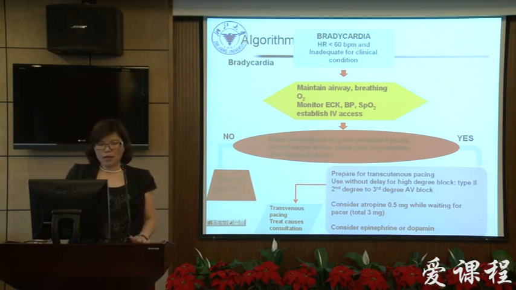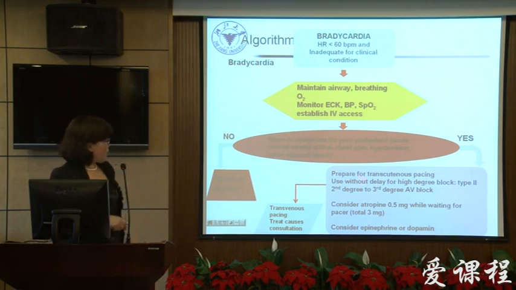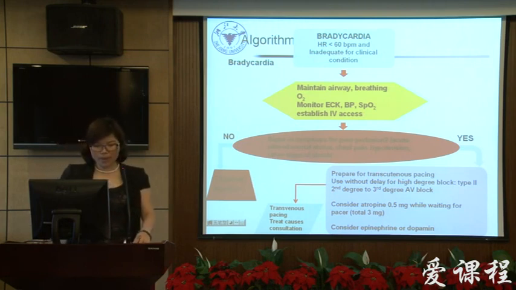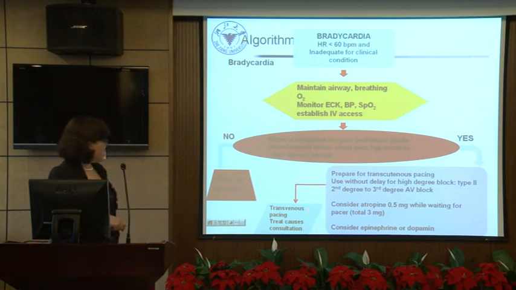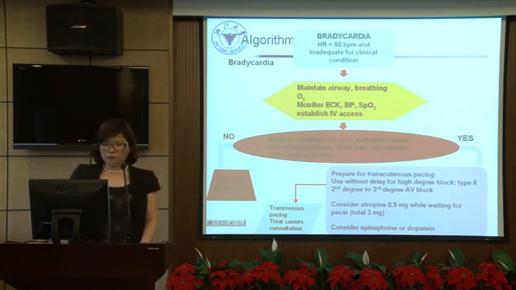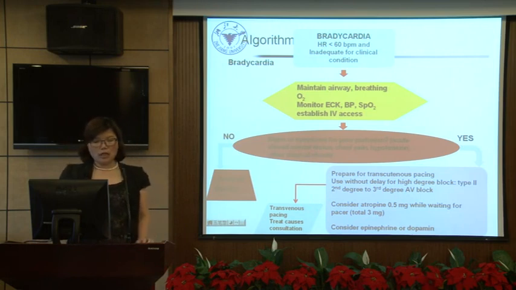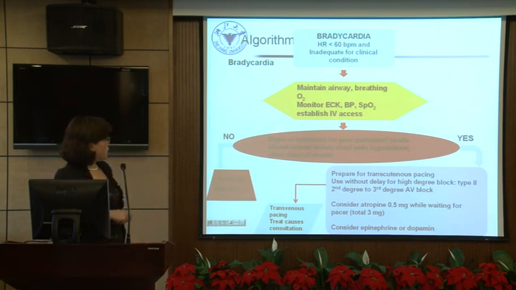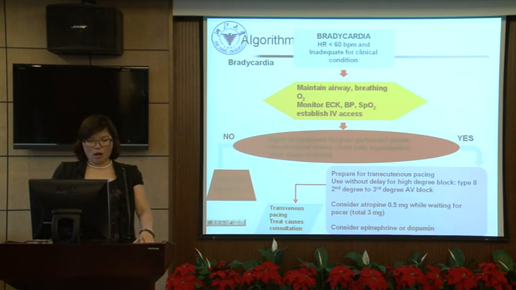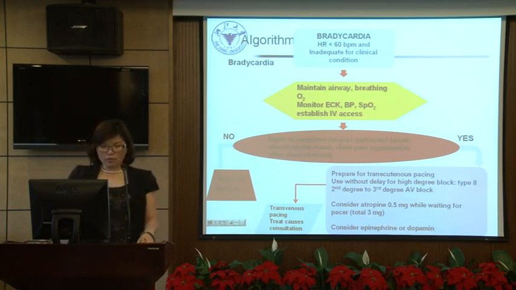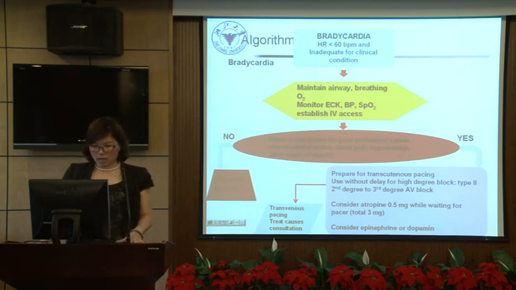And when prepared for transcutaneous pacing, you can give the patient transvenous pacing, and treat the cause and consult. And if the patients have no signs and symptoms of poor perfusion, you should monitor the patient cautiously.